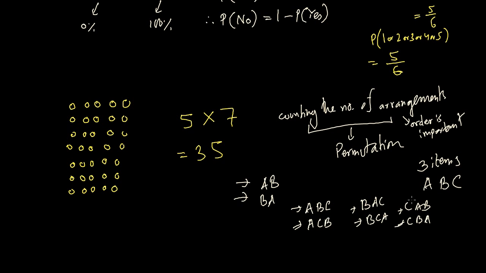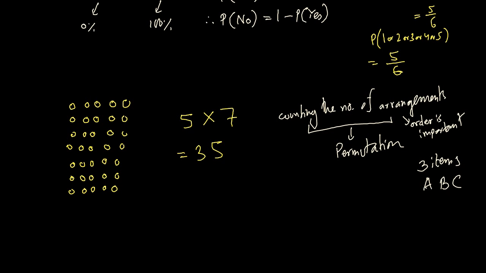But this is not a shortcut. We want to count without really counting. For that, what we can do is use the law of multiplication. First one, we are taking 3 items. How many ways can we have the first one? Well, there are 3 ways.